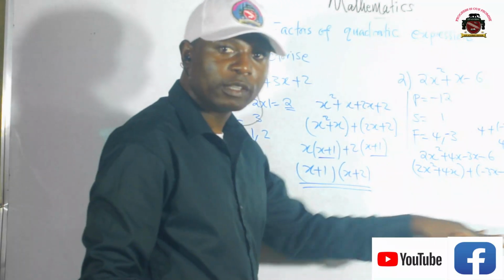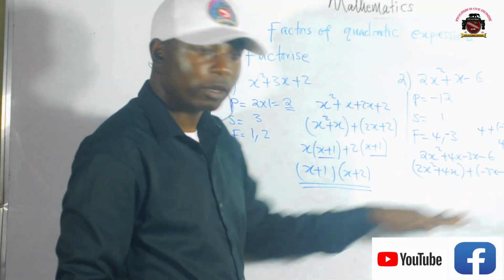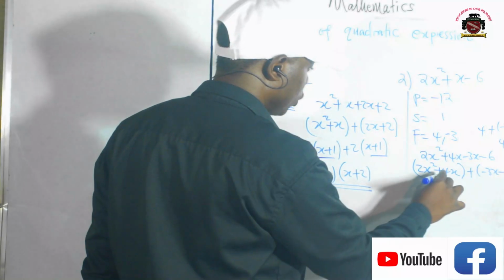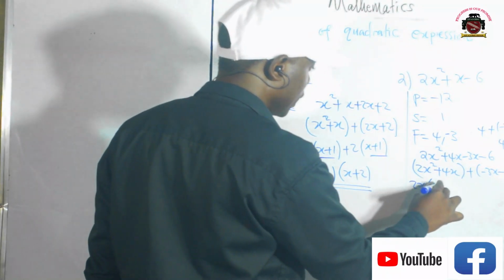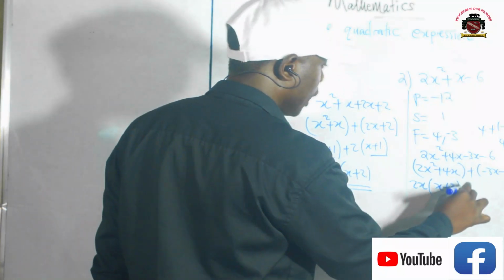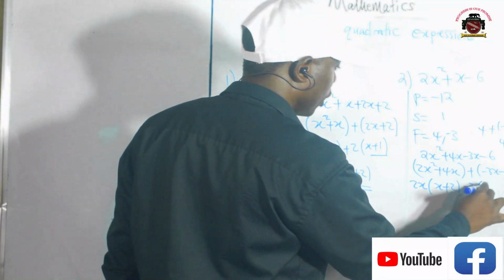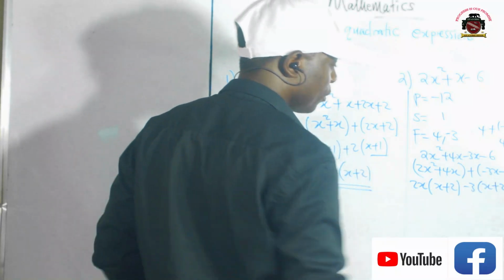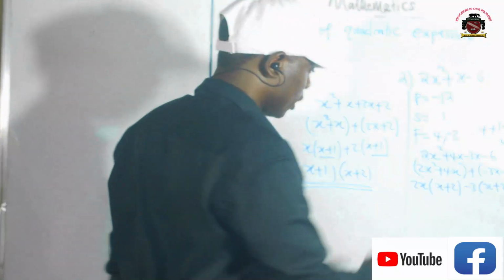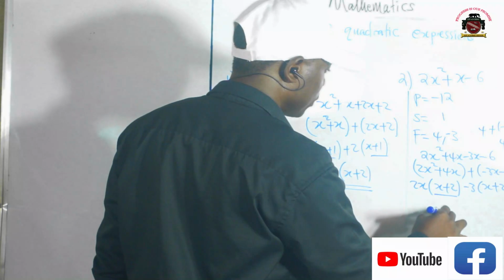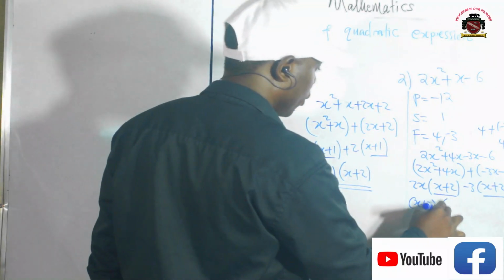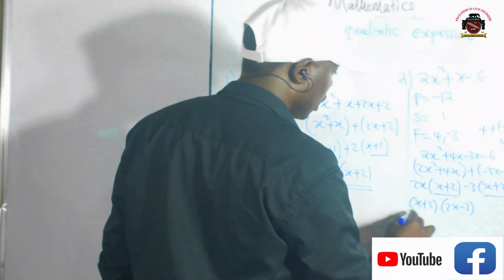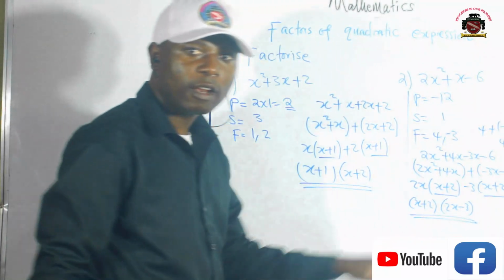Now here 2x is common, 2x outside, 2x into 2x squared, we get x plus 2. And then here negative 3 is common, so here we have x plus 2. X plus 2 is common, so we have x plus 2, and then here we have 2x minus 3, and then you underline like that.